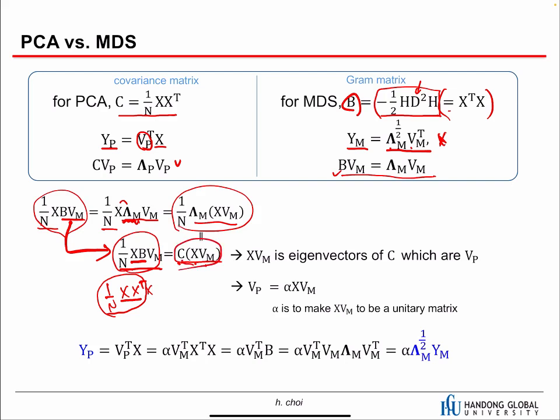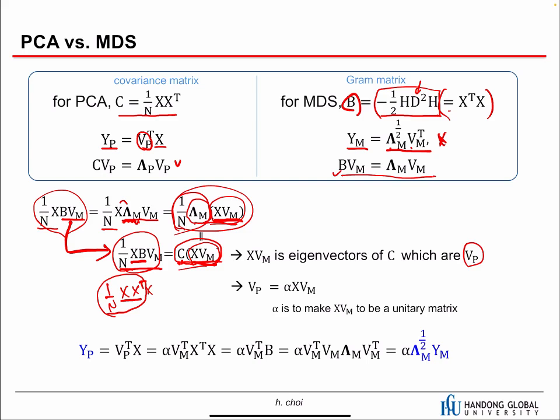Now this one is exactly the same as this one, so they are supposed to be the same. We have C and we have X v_m here. X v_m is a vector. Then this one is an eigenvector of C, and this one is an eigenvalue with 1 over m. This is the eigenvalue of the covariance matrix, and X v_m is an eigenvector of the covariance matrix. The eigenvectors of the covariance matrix are actually v_p.